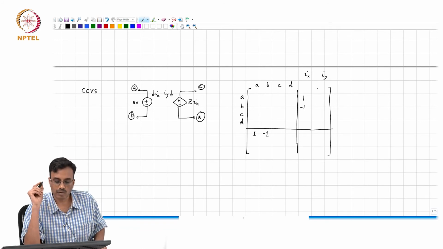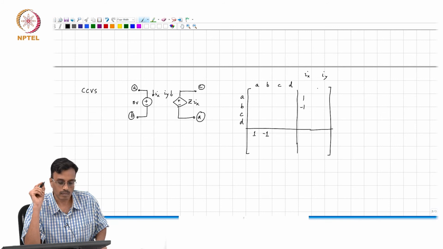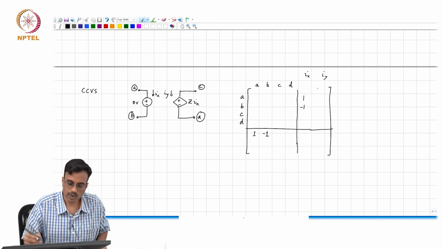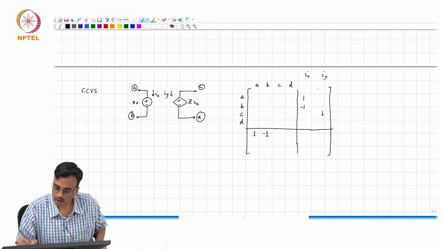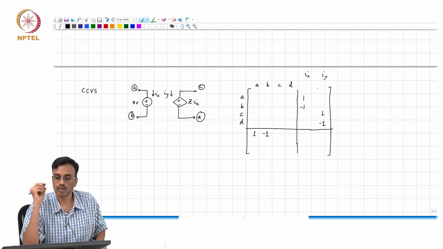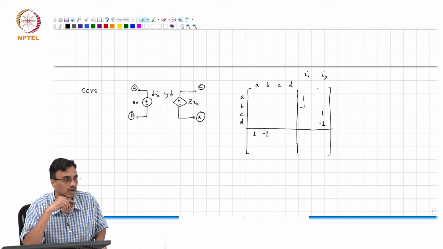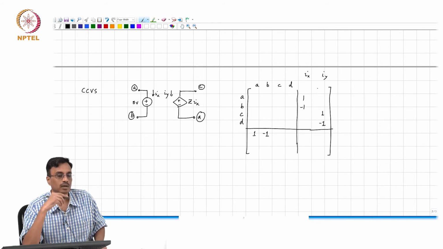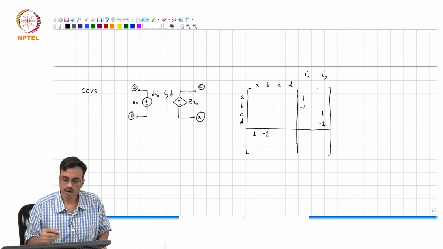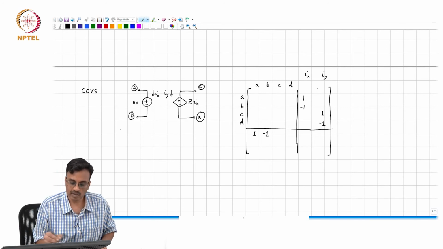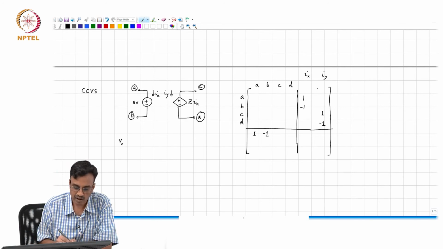In the last column, there must be 1 and minus 1. And what must you see in the last row? VC minus VD minus Z times Ix equals 0.